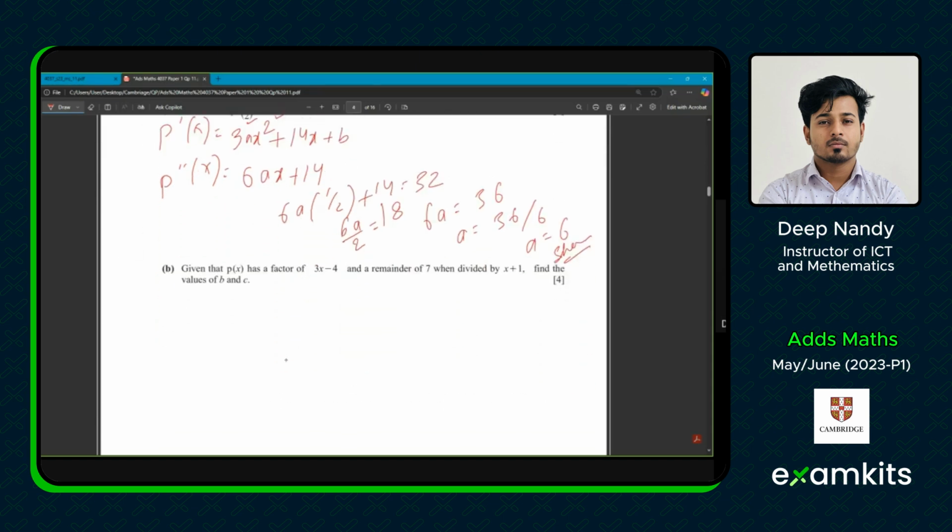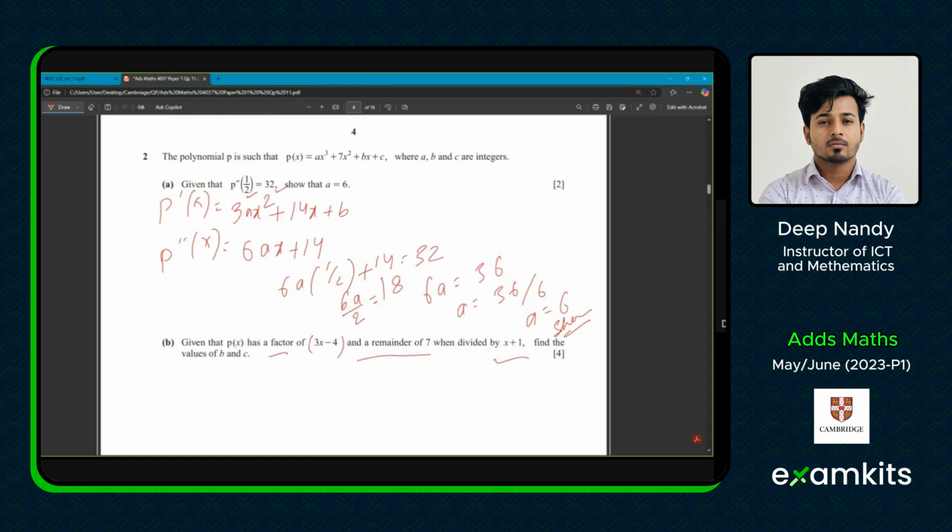Now, given that p of x has a factor 3x minus 4, and it has a remainder of 7 when divided by x plus 1, find the values of b and c. Now, writing the equation here, we know that p of x equals ax cubed plus 7x squared plus bx plus c.